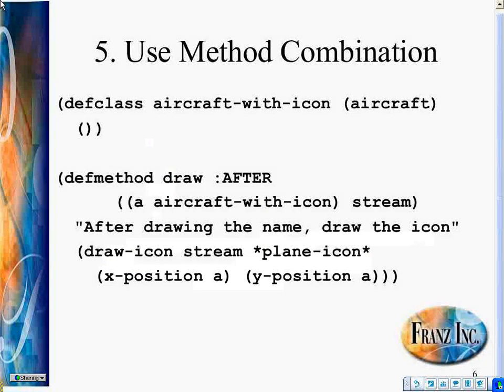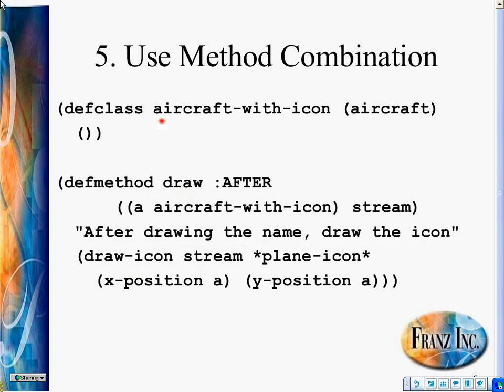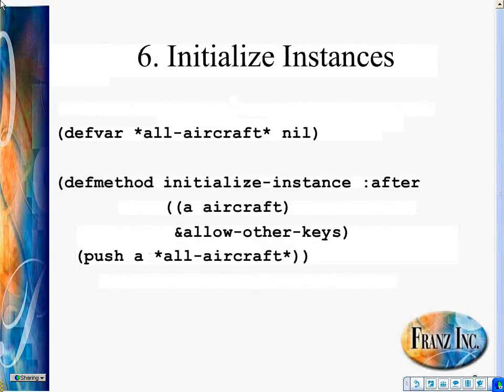In other words, this will run the draw method on aircraft because aircraft-with-icon is an aircraft. It's a subclass of aircraft, and therefore it is an aircraft, just in the same way that if you're an American citizen who lives in New York, you're an American and you're a New Yorker. All New Yorkers, assuming they're all citizens of New York, are Americans.